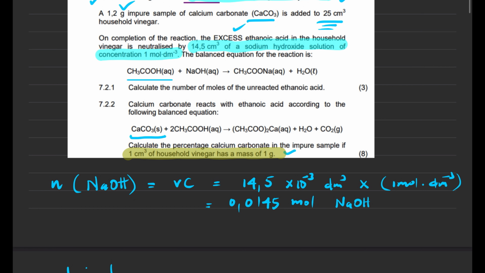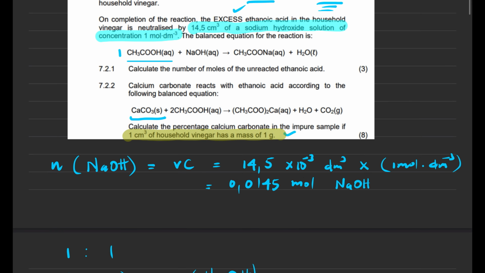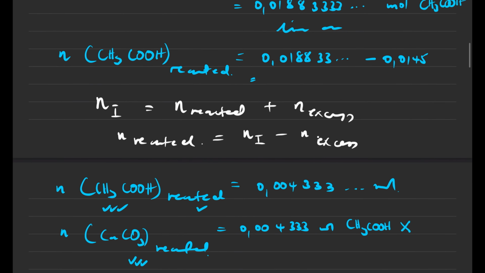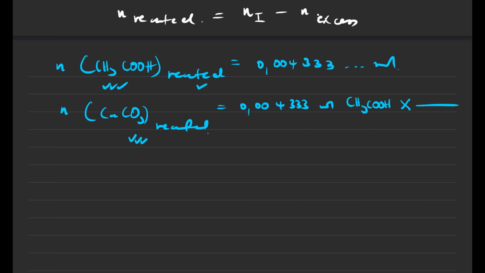For every 1 mole of calcium carbonate, you've got 2 moles of acetic acid, right?